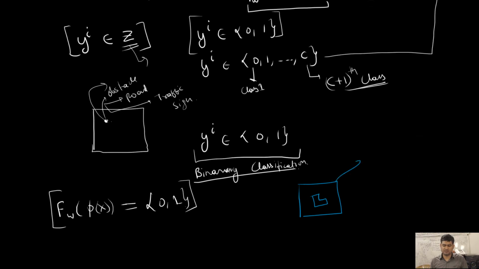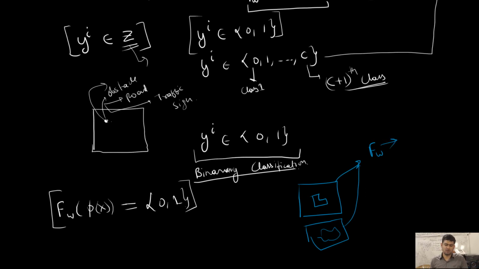So you can train your algorithm by passing many such images, the ones that have vehicles and the ones that have no vehicles, right? You can learn the function that takes these input images and maps them to some output value 0 and 1, where 0 represents vehicle and 1 represents no vehicle, right?